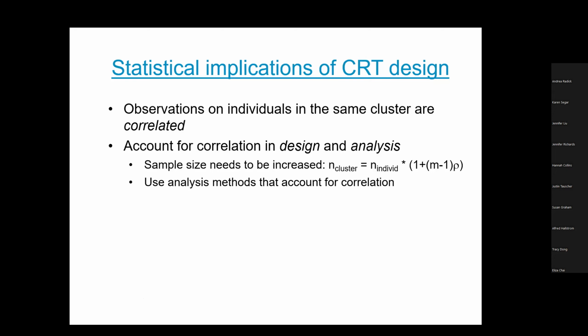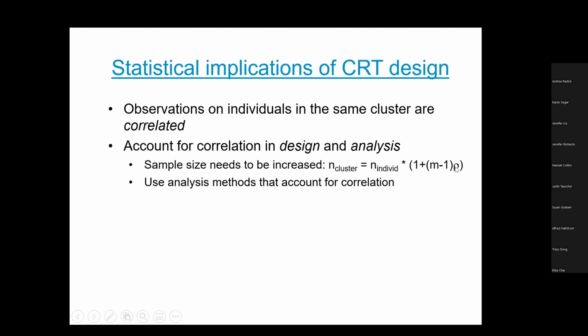It's very important, when you write up results of trials, to report that estimate of rho for people in the future, because that brings us back to how you design a trial like this. You're going to need to have some estimate of rho when you're designing a cluster randomized trial, and where does that come from?